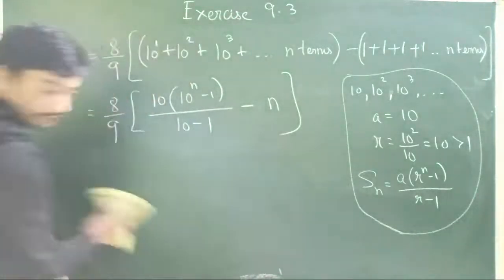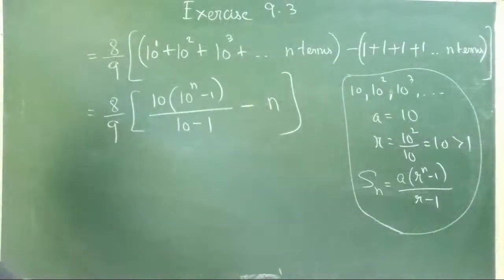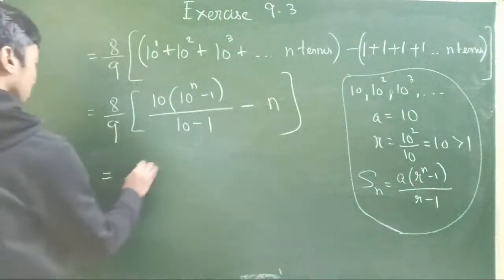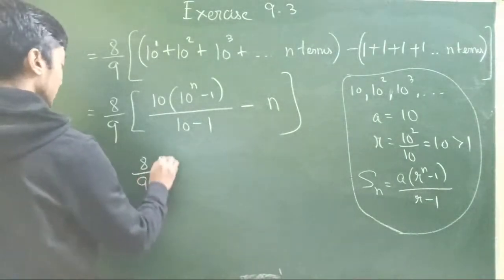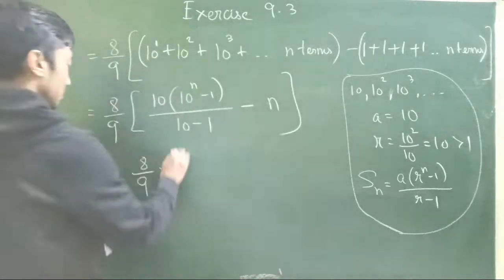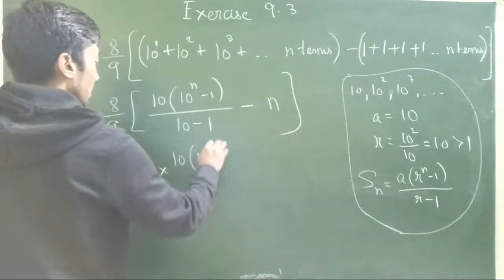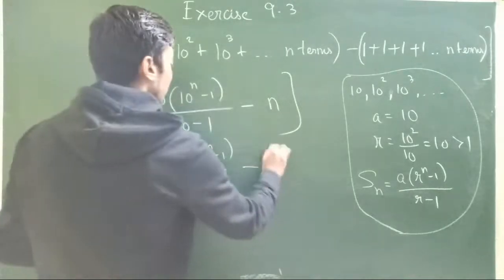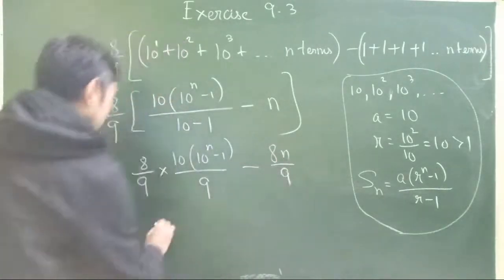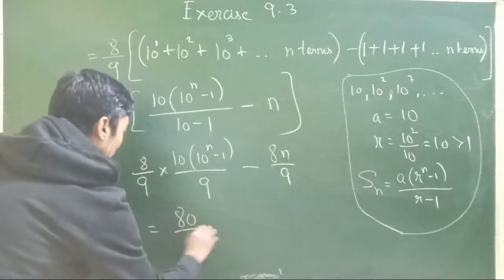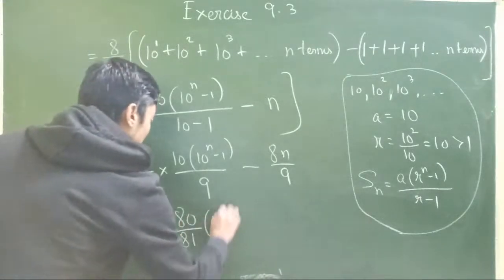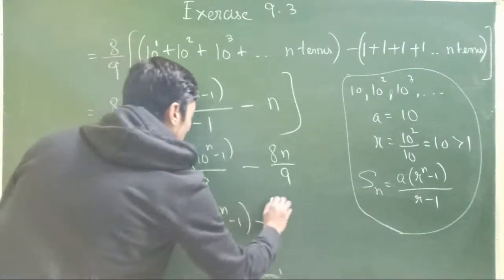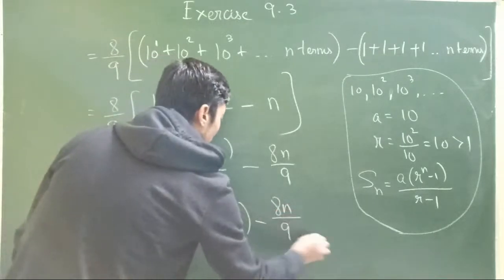Almost done. So this will be 8 by 9 into, I'll just multiply now. So that's like 10 into 10 power n minus 1 divided by 9, minus this one, 8 into n by 9. So that will be 80 by 81, 10 to the power n minus 1, minus 8 into n divided by 9.